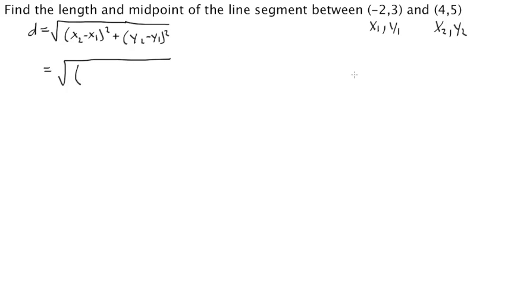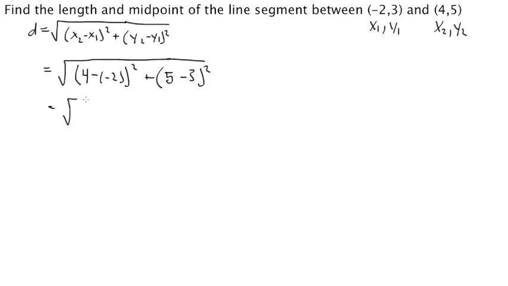What is x2? Over here it is 4 minus x1, that's -2. So I'll go ahead and write that in as -2, but that's going to be plus 2. Plus y2, I see is 5, minus y1, it's going to be 3. I want to square that.